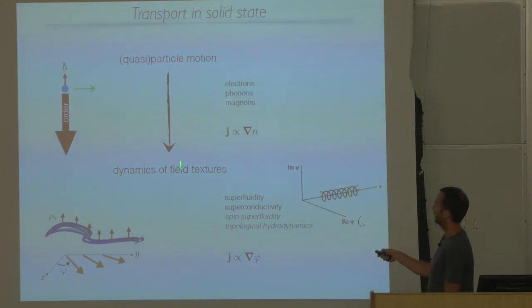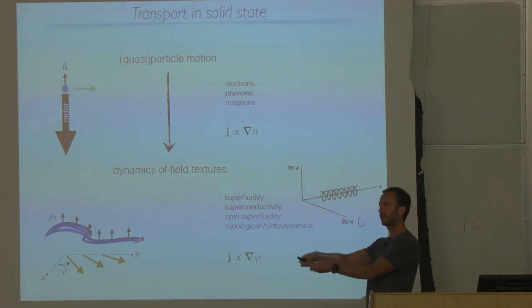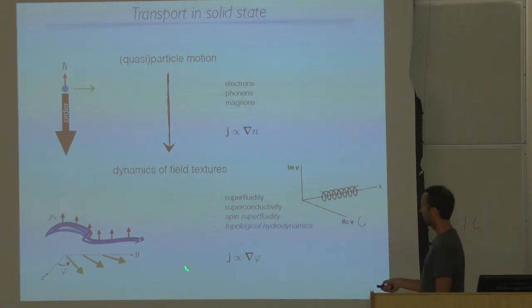And then as we progressed throughout the 20th century, we started coming across more exotic transport phenomena, like superfluidity and superconductivity, in which the transport is collective and cannot be easily broken down into motion of individual particles.